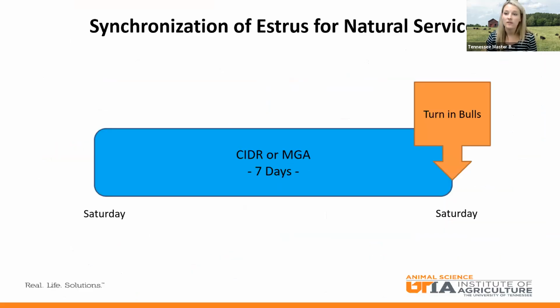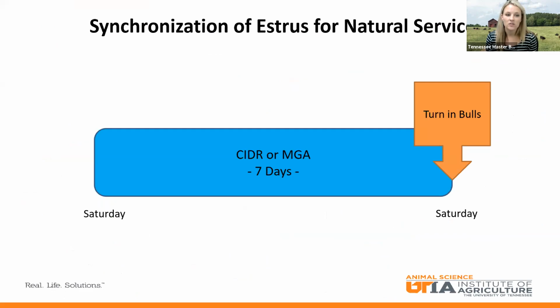But it doesn't just have to be for AI, right? We have this relatively new protocol for synchronization of estrus for natural service. So basically what you do here is take a CEDAR that we just talked about, or MGA, which is a feedable form of progesterone that's only labeled for heifers.